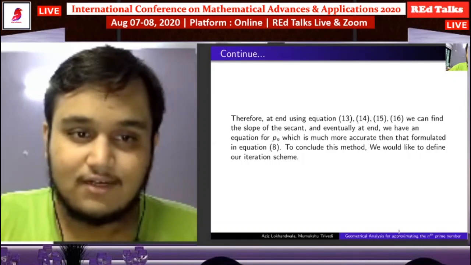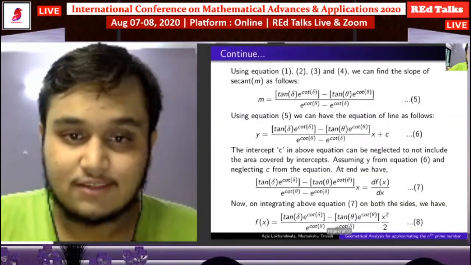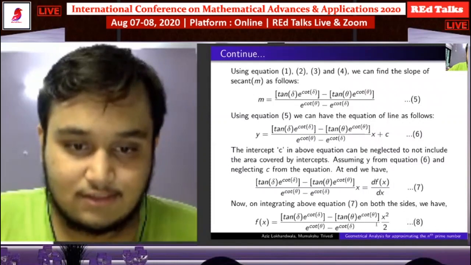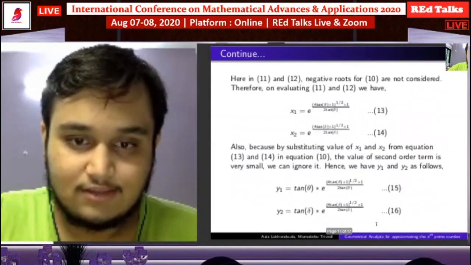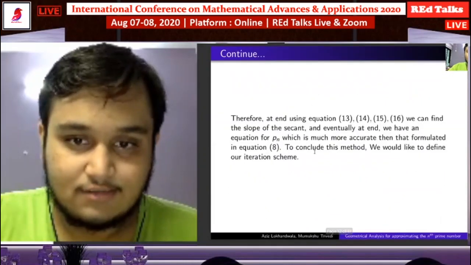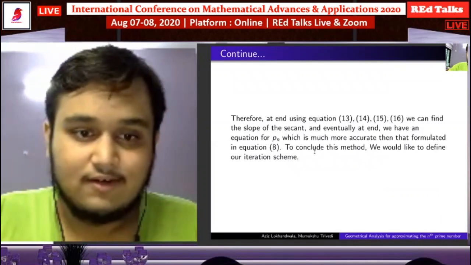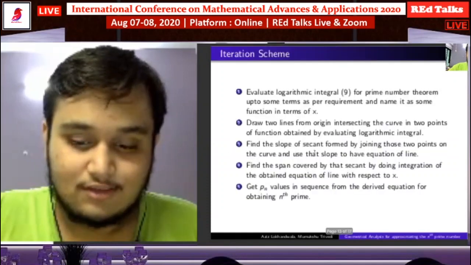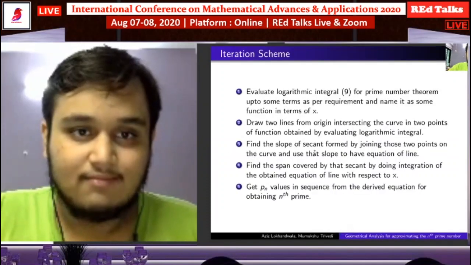Eventually, at the end, we will have an equation which is much more accurate than the previous equation, this last equation 8. The equation found by this one will be more accurate than this. To conclude this method, we would like to define our iteration scheme to solve this integral representation in finding the nth prime.